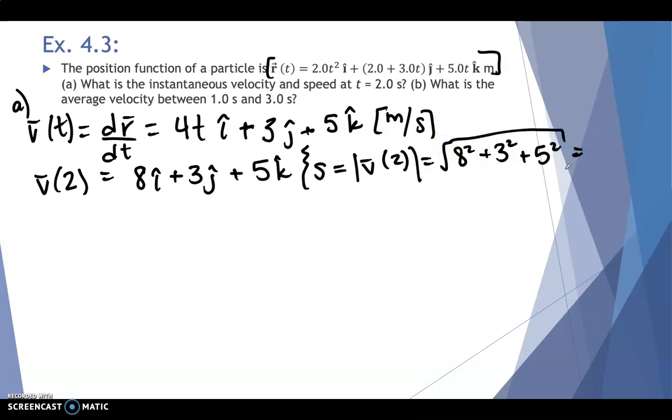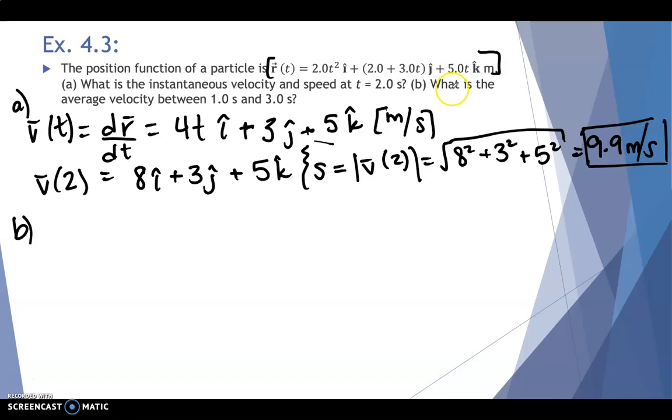Put it into a calculator, and the speed is 9.9 meters per second. So that is going to be our speed at that time, 2 seconds.